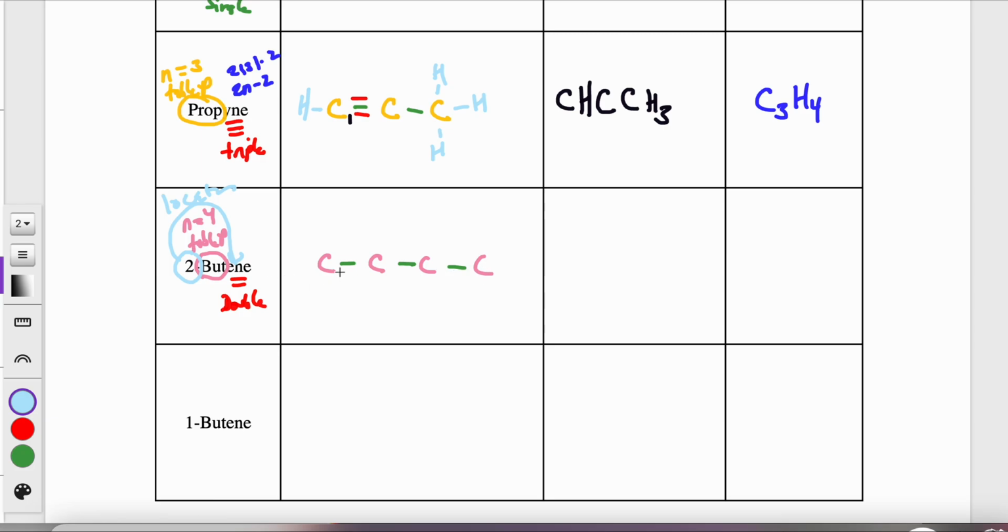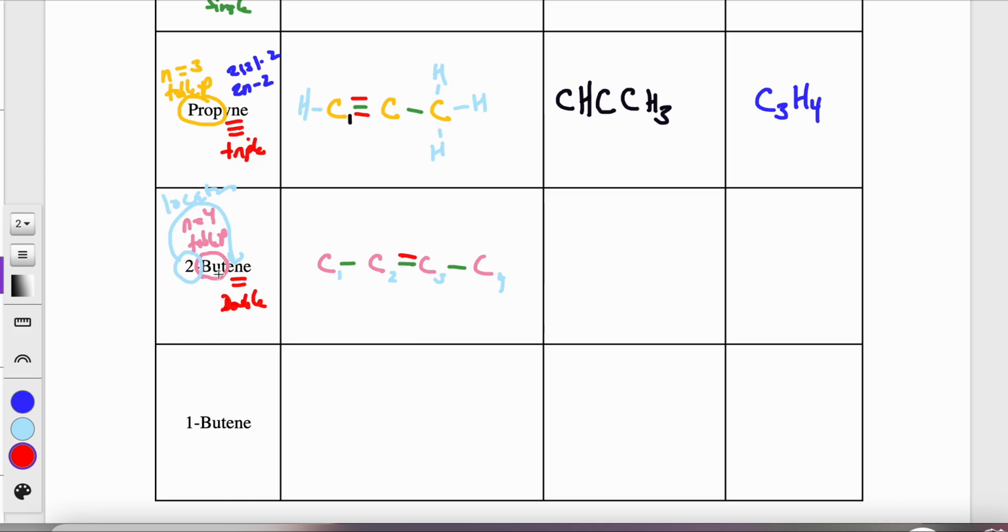So here is carbon 1, carbon 2, carbon 3, and carbon 4. What this means is that the double bond starts on carbon 2, and you work your way left to right. So carbon 1, carbon 2. This is where I need to put my double bond.